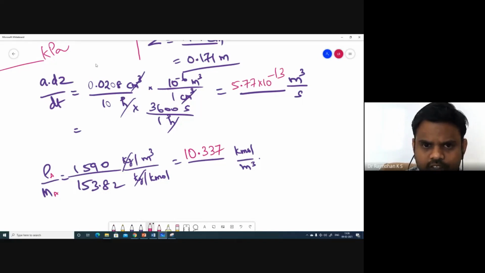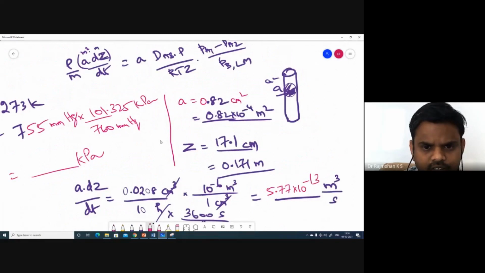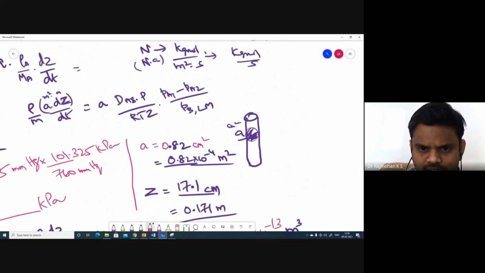What else is required? In the right hand side, we have all the data. So now on the left hand side, we have rho by m, and A dZ by dt also we have. A value we have. DAB value we have to determine, right? Total pressure we have, R we have, T we have, Z value we have. PA1, PA2, PBM we have to get. Is it given?